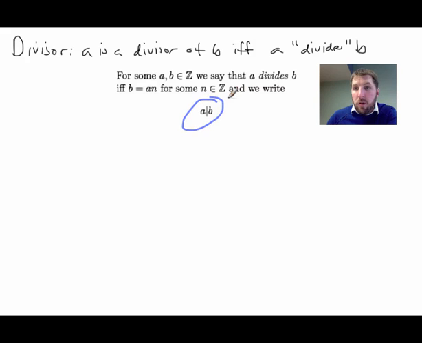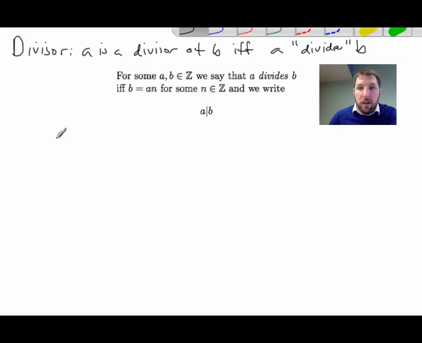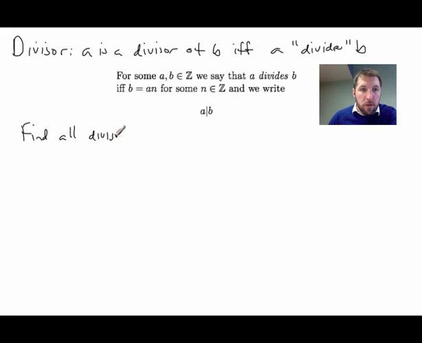Okay, so let's talk about divisors. Let's try and put this to the test here. Let's see if we can find all divisors of, we're just going to pick a number at random.